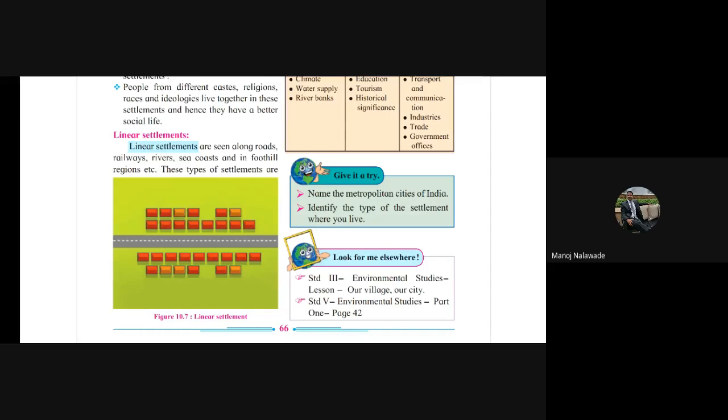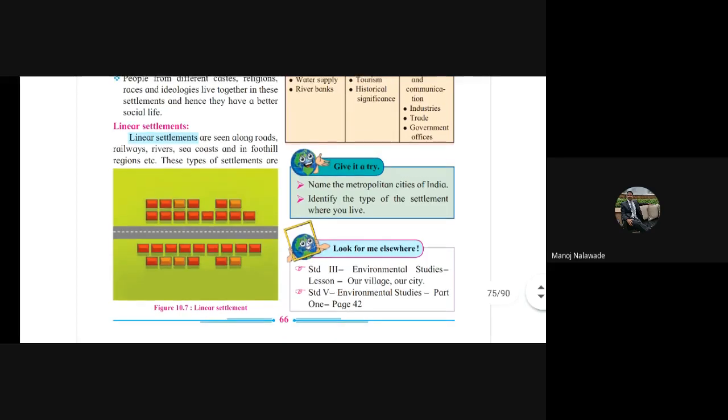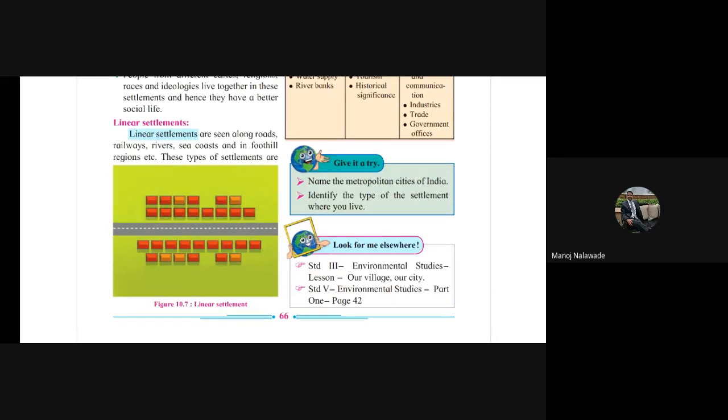First four letters of the word linear: line. It is line, right? Linear means straight. You can understand from the first four letters also. It is in line.